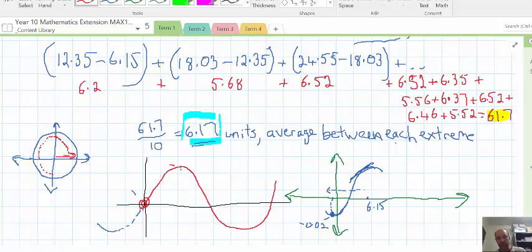So that's a type of symmetry, or a type of equal wave distribution.